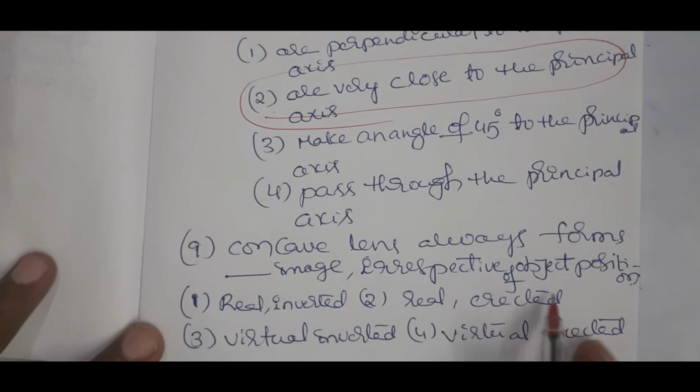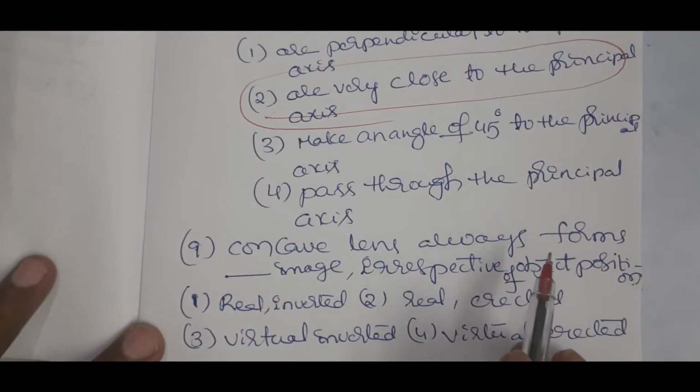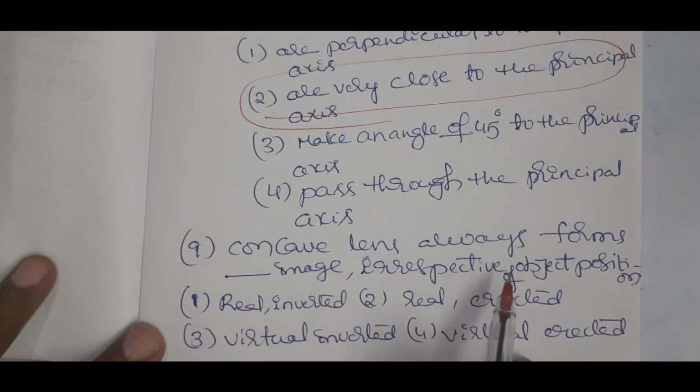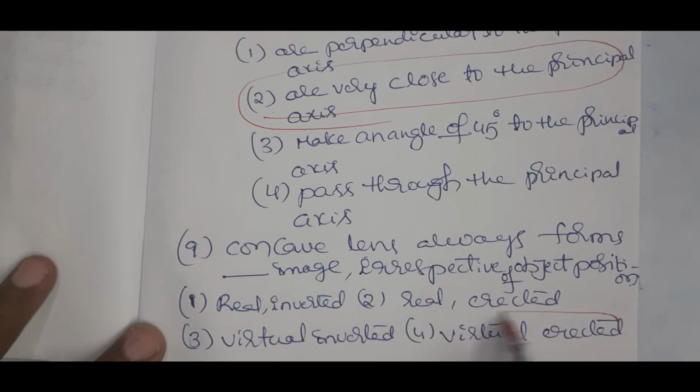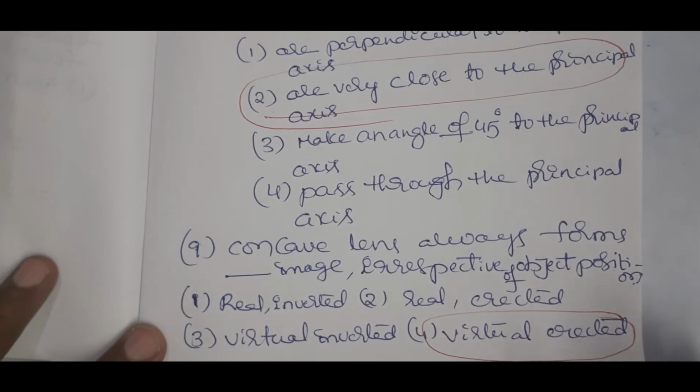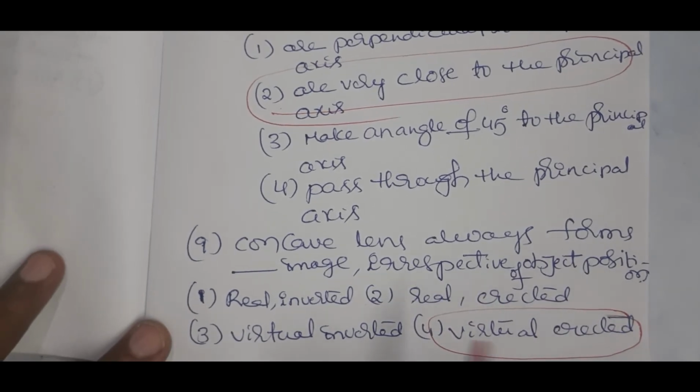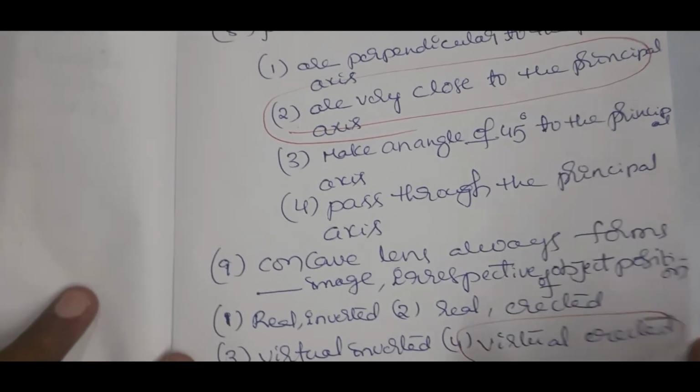You know convex lens can form both real image and virtual image: virtual image in one case, and in the remaining cases, real image. But concave lens, irrespective of object position, always forms virtual erect image. All virtual images are erect images, but real images are inverted images. This is the 9th one, students.